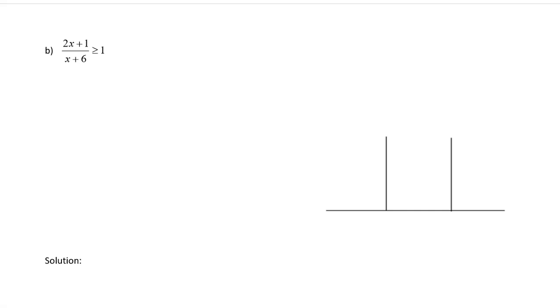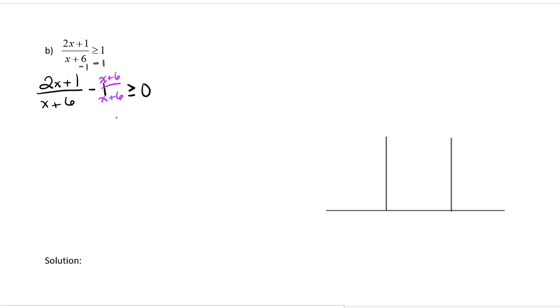Because of that, I'm going to subtract 1 from both sides, and I'll rewrite it. 2x plus 1 over x plus 6 minus 1 is greater than or equal to 0. And now remember, you need to get a common denominator. We can rewrite this as just x plus 6 over x plus 6 because that's equal to 1.